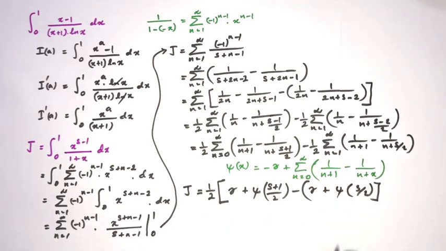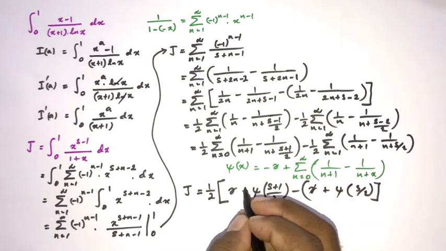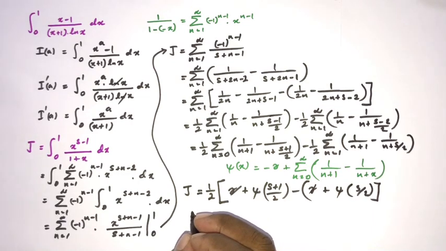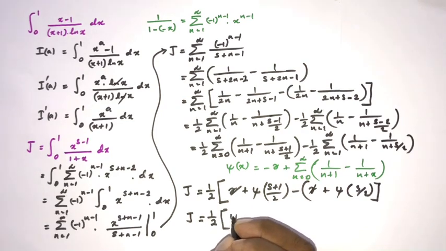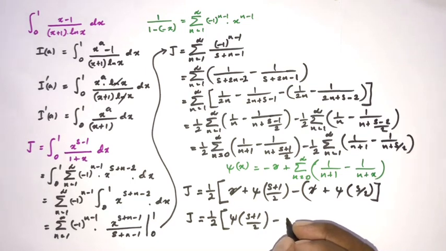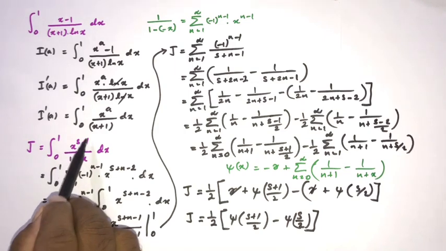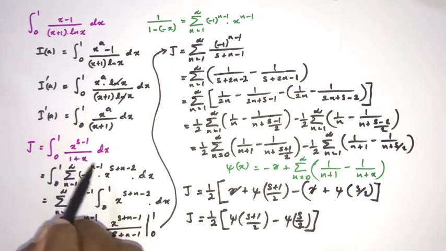Now gamma minus gamma get cancelled, so we have J is equal to 1 half times digamma of s plus 1 over 2 minus digamma of s over 2. Okay, this is the answer of this integral, x to the s minus 1 over 1 plus x, very important integral.